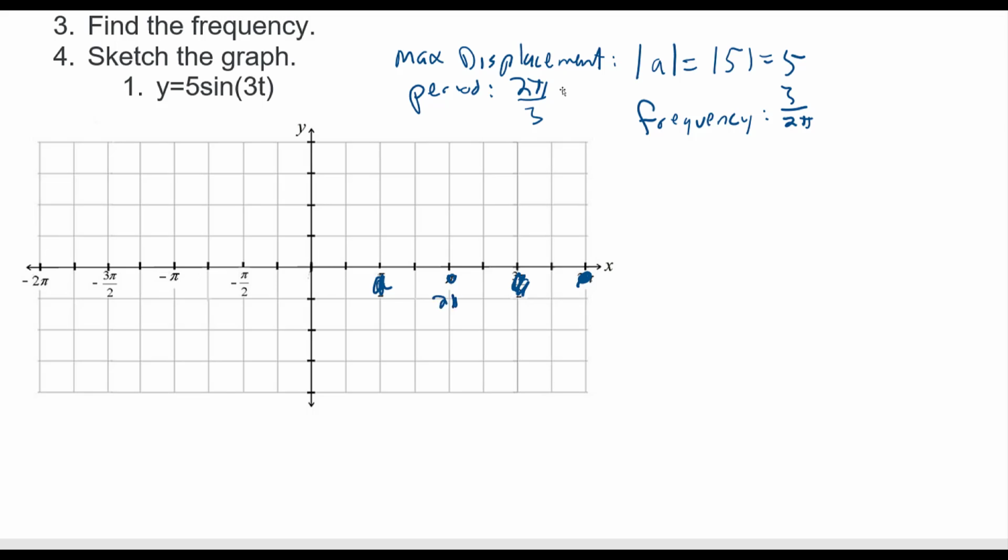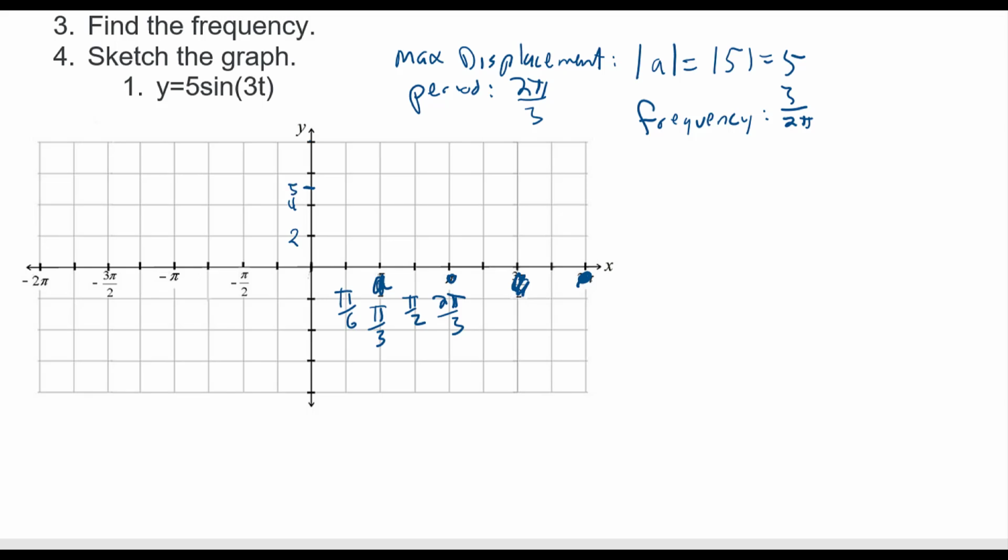Call this 2 pi over 3. Then we'd have pi over 3 here, pi over 6, and halfway between these two would be pi over 6, 2 pi over 6, 3 pi over 6, which is pi over 2, 4 pi over 6, which is pi over 3. This goes up to 5, so 1, 2, 3, 4, 5. Maybe I'll scale this as 2, 4, so this will be 5 here.